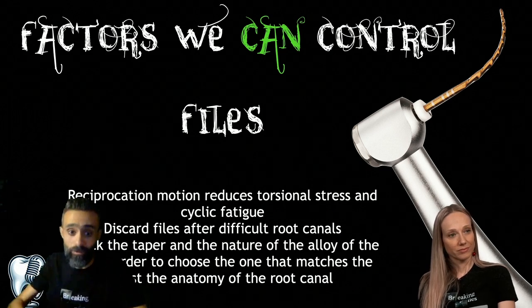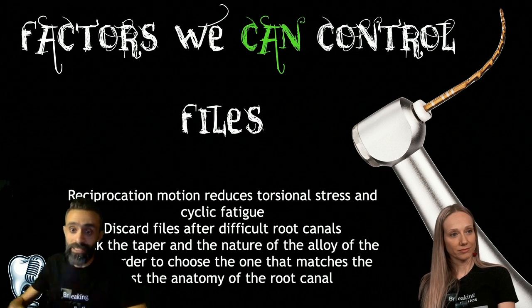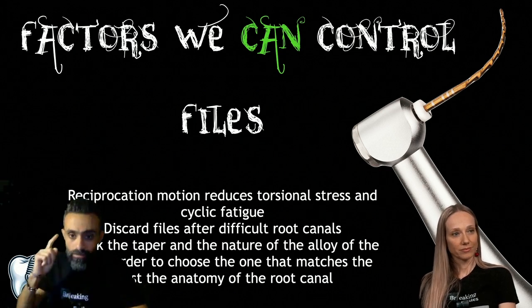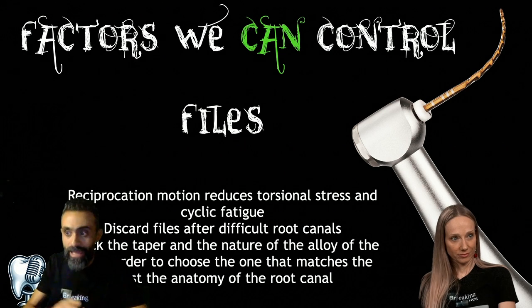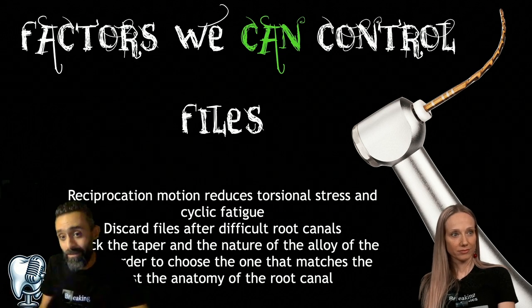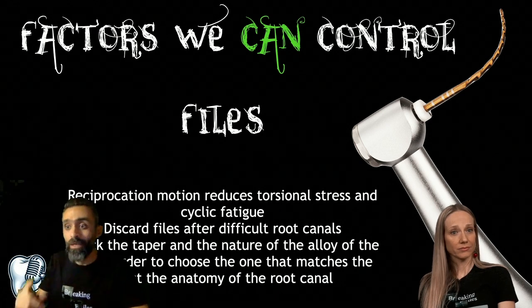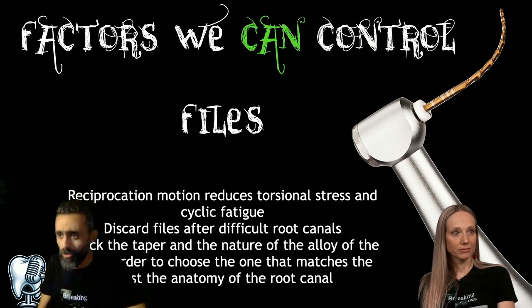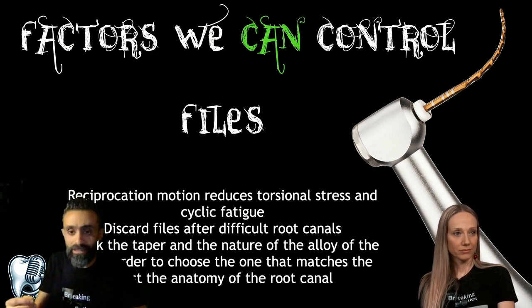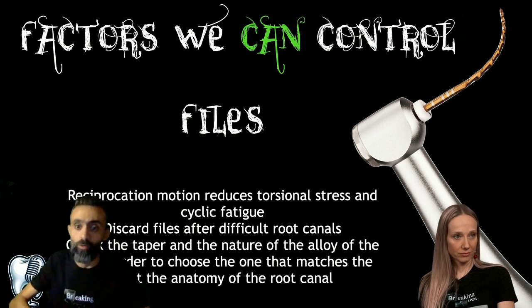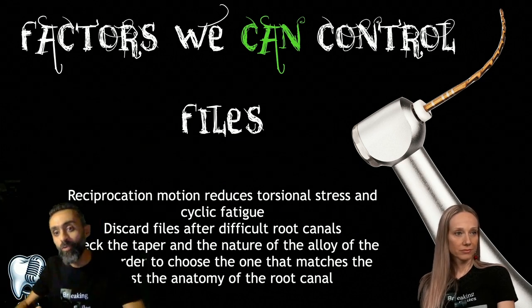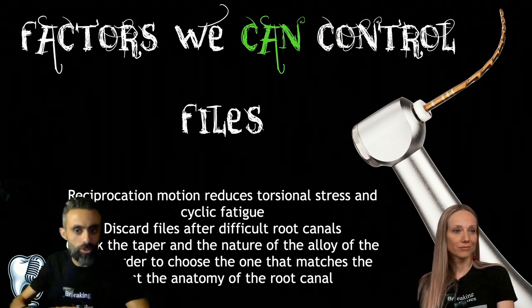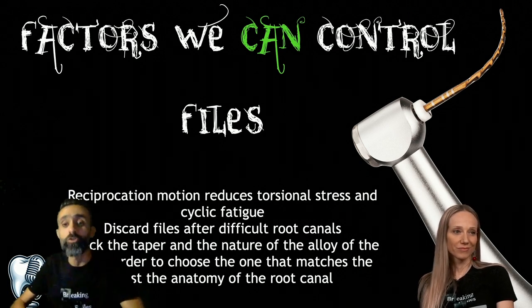Like the case that we showed, each file that shaped that root canal was used once and then discarded. To be frank, sometimes I use two files of the same size in the same tooth. I use one to shape it, and then I feel that it's bad, I discard it and use another one. So we cannot just say that a file can work on 3 molars, 4 molars. No, sometimes we just use it once.